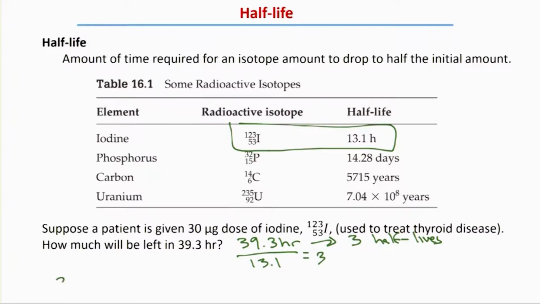If we're starting with 30 micrograms, in 1 half-life, so this is T 1/2, it would go down from 30 to 15 micrograms. Another half-life would take it from 15 to 7.5.